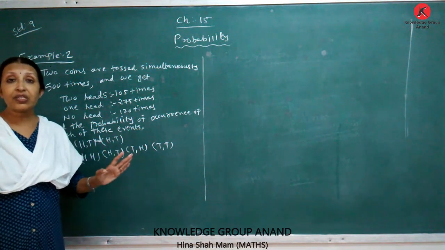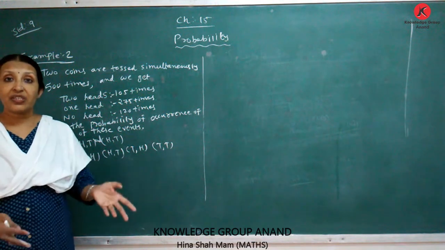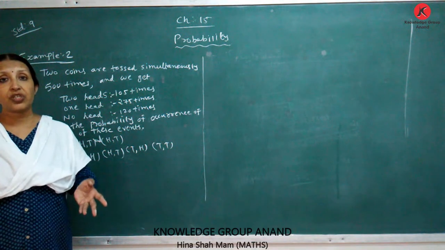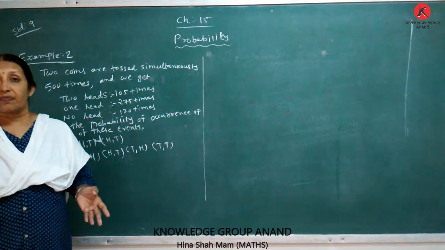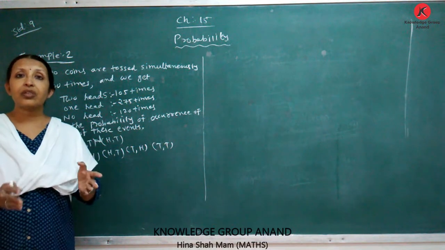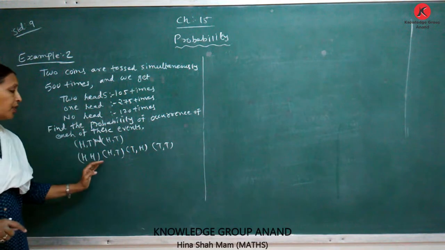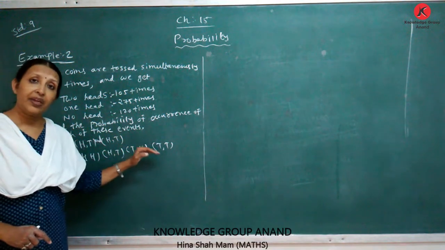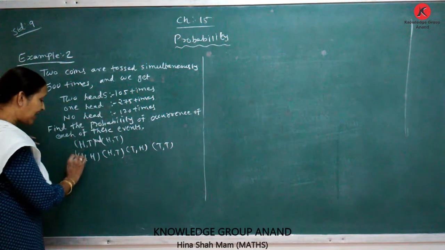HH, TH, that is first T and second H, or first H and second T, or both T. There are 4 events in this trial.